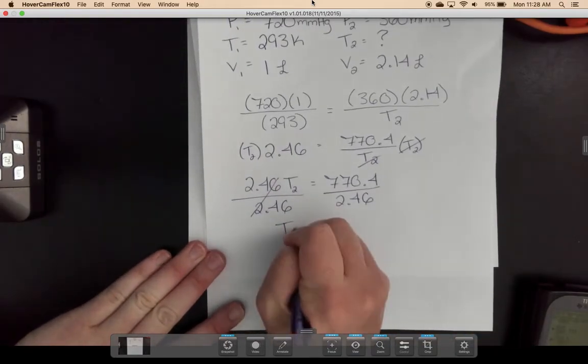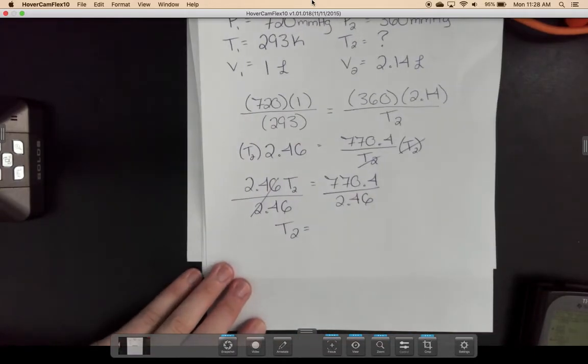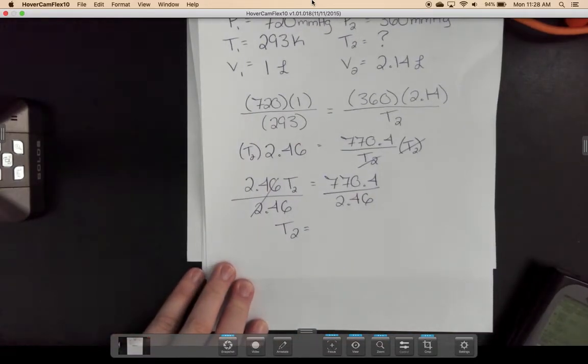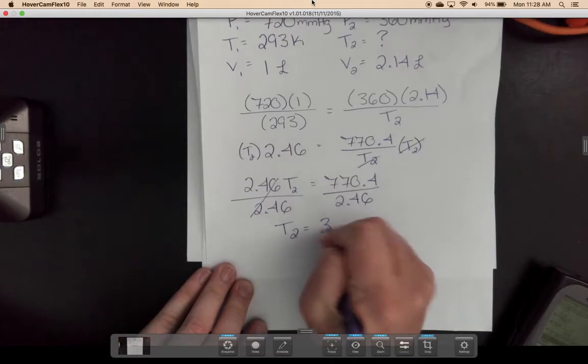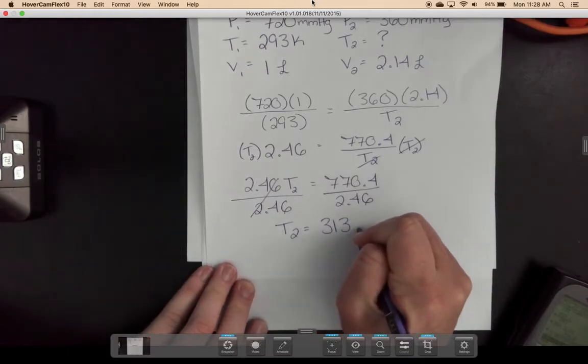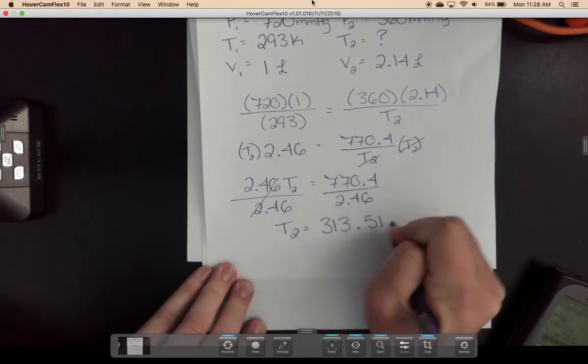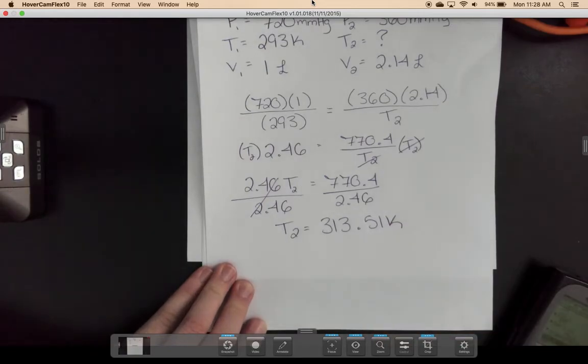And you have the final temperature ends up as 313.51 K. Now, just as a reminder, the question asked you for the change in temperature.